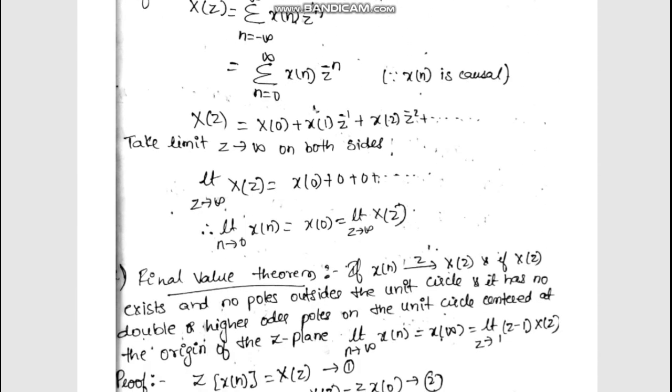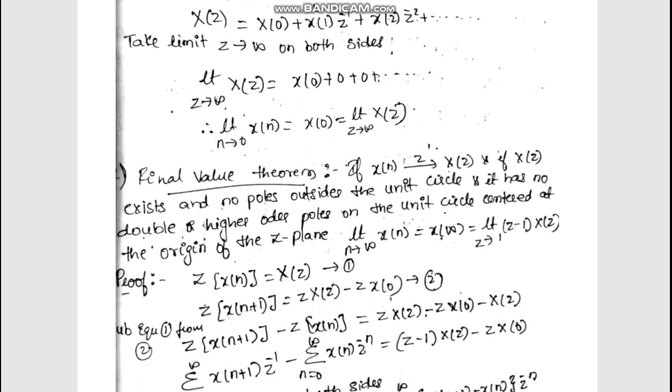Here x of n, you go on substituting from 0 to infinity values here. So x of 0 plus x of 1 into z to the power of minus 1 and so on. Take the limits on both sides here. When you take the limit, your RHS will become x of 0, and hence it has been proved.